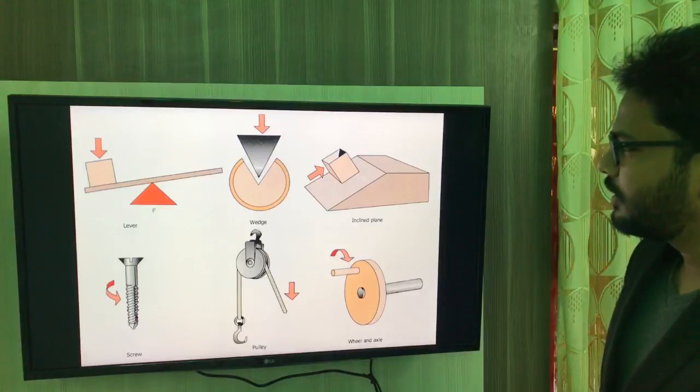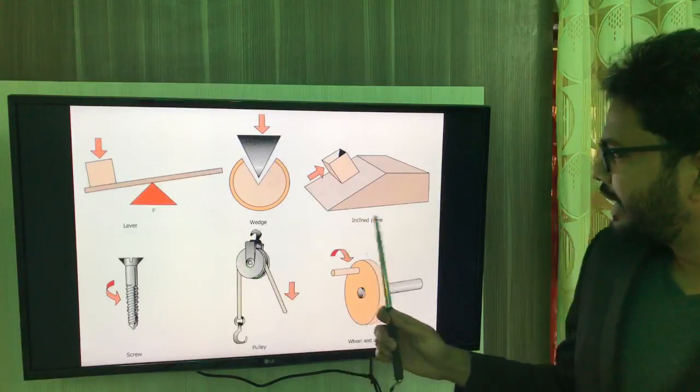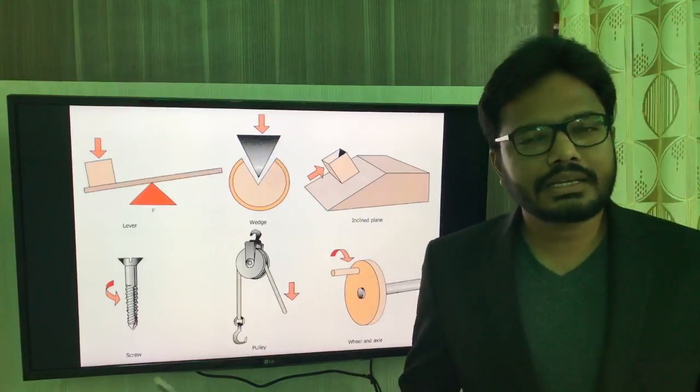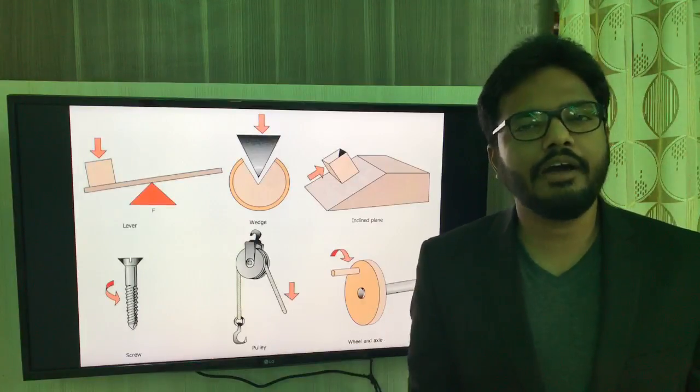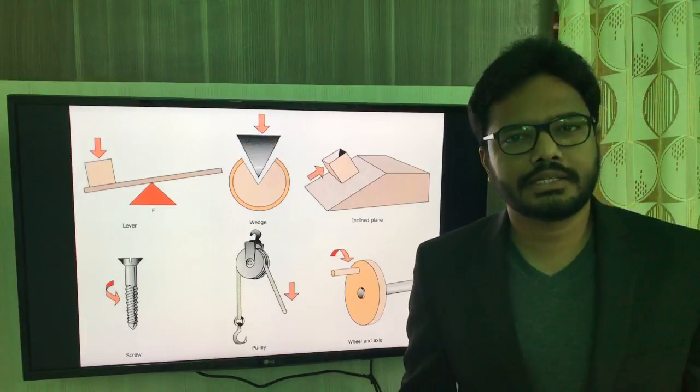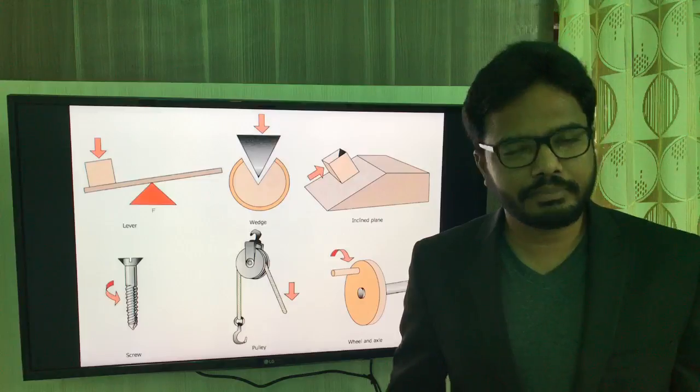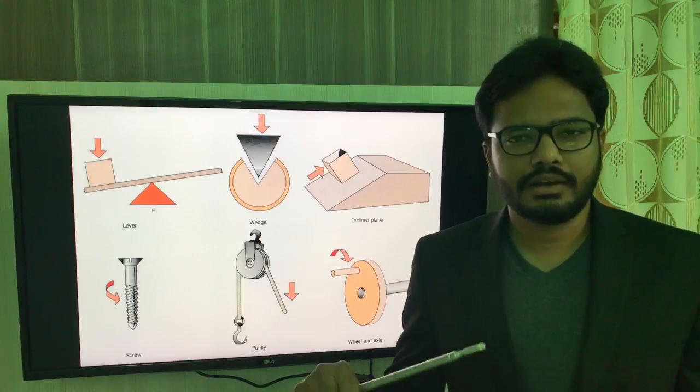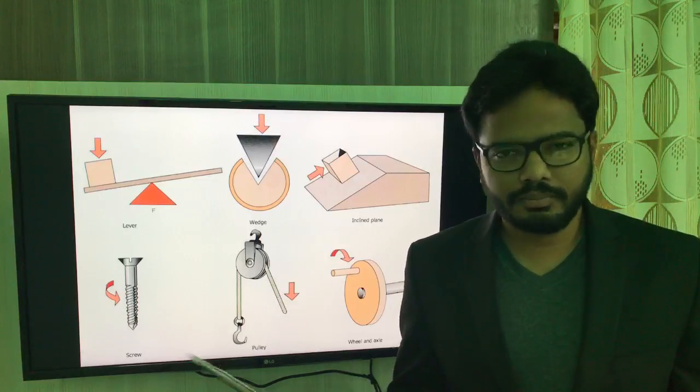And you know what? Lever and inclined plane designs of machines have to be avoided while constructing a removable partial denture, and please make a note of that. It's directly given in your McCracken.